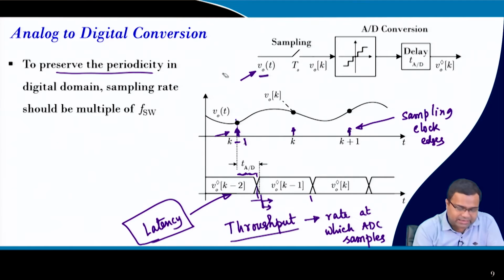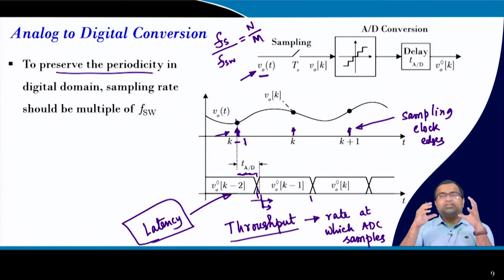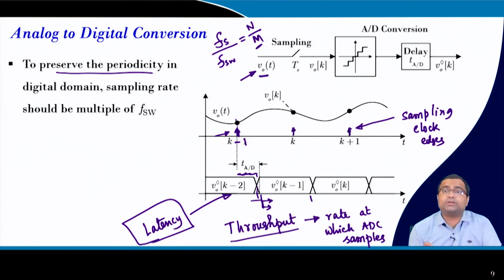If you take the sampling frequency divided by the switching frequency, it is something like n by m. That means it is a rational number, the ratio of 2 integers. Now, we generally take n as k times m.